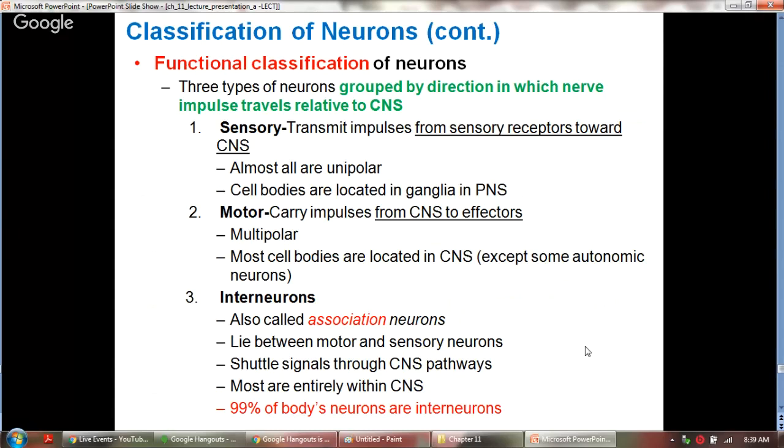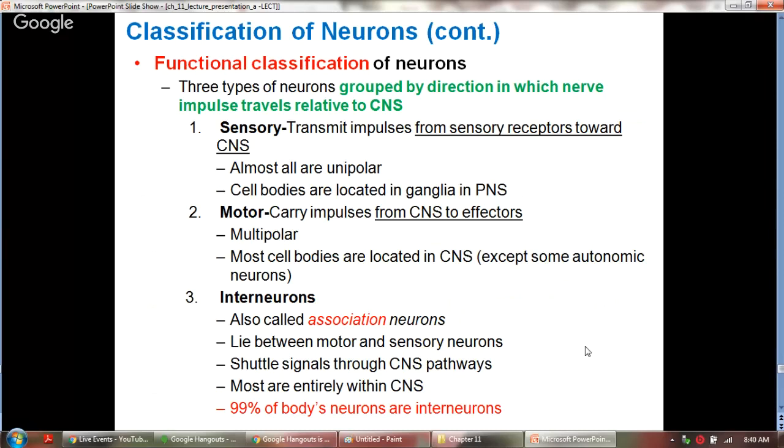Almost all are unipolar, and cell bodies are located in the ganglia in the peripheral nervous system. And the motor neurons carry impulses from the central nervous system to the effectors. They are multipolar neurons. Most cell bodies are located in the central nervous system, except some of the autonomic neurons.